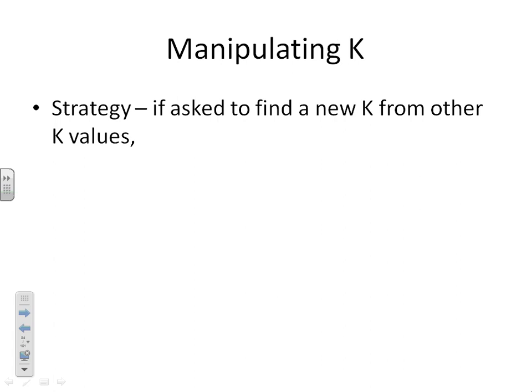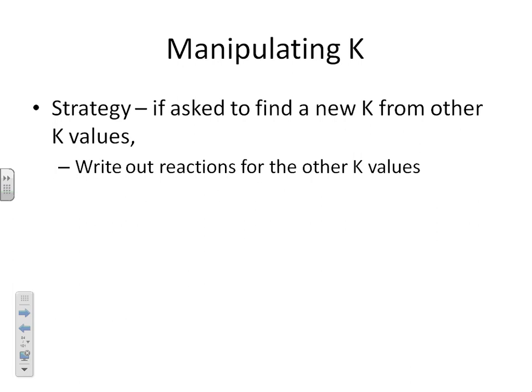The first thing that you want to do is write out the reactions for the other K values. I mean, that's kind of important, right? If it gives you Ksp or Ka or Kb, you want to write those reactions down, because that's a hint that you're going to be manipulating the reactions the exact same way that we used to manipulate the reactions with our delta H Hess's law stuff.